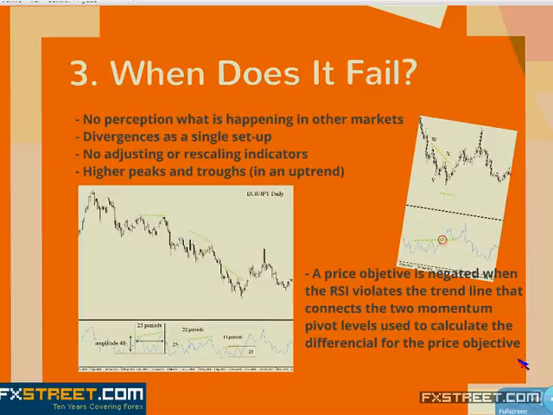There is a discrepancy between what happens in price and what happens in the oscillator, and this kind of discrepancy sends out an alert. And with that knowledge, then we can apply other techniques in order to pinpoint our entry. But in itself, neither the regular divergence nor the hidden divergence have a signal attached to it.